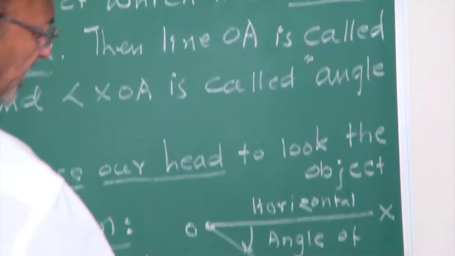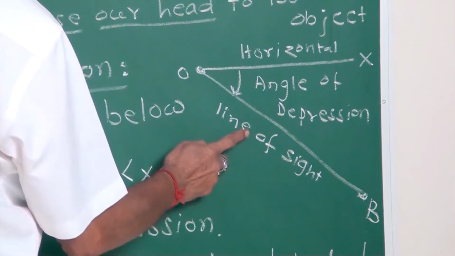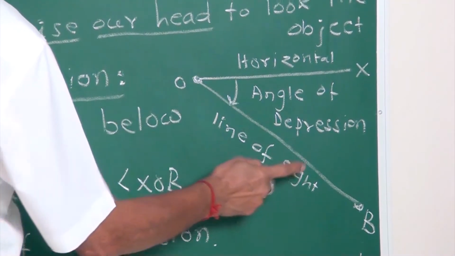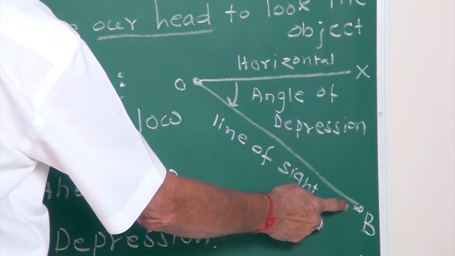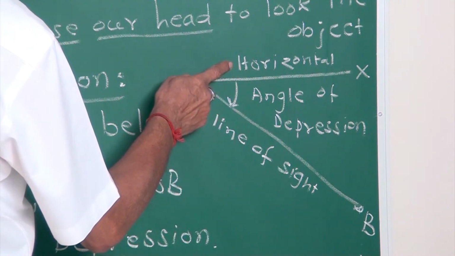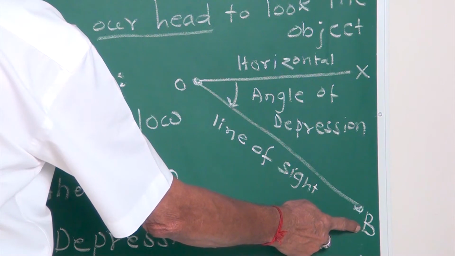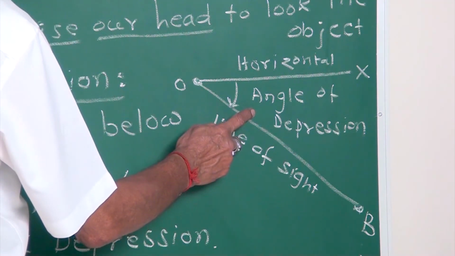If the object lies below the horizontal, then the angle made by the line of sight with horizontal, which is angle XOB, is said to be the angle of depression.